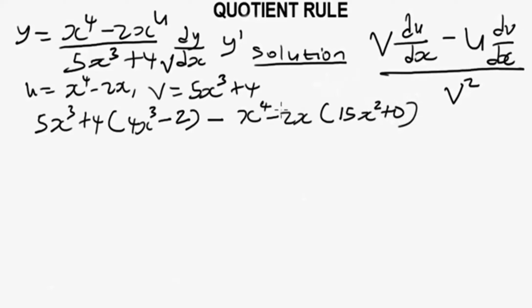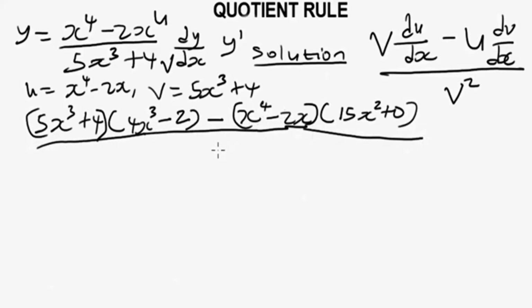Having done these, let's put everything in brackets, because they're multiplying each other, so we can expand. Before you expand the numerator, remember you have over v squared. Our v here is 5x^3 plus 4, squared.